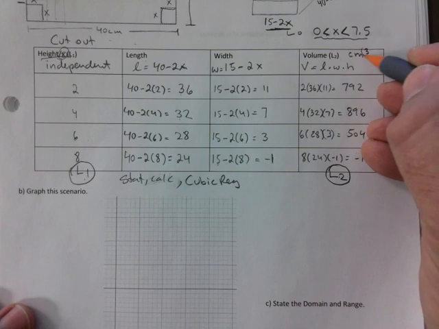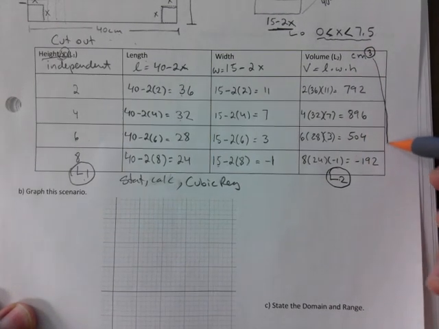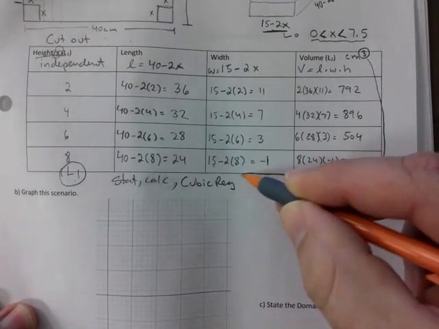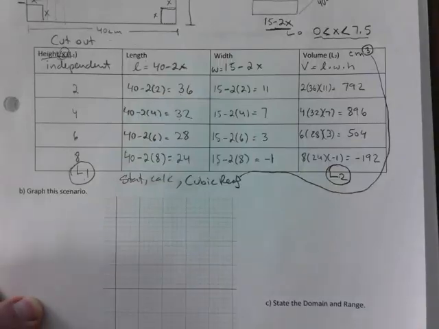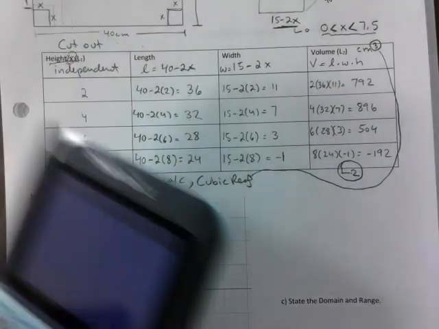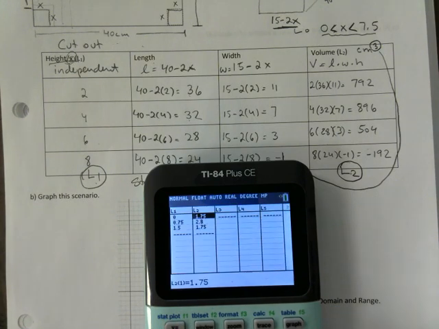Centimeters cubed, correct? So that tells us, even if I didn't tell you, it has to be a cubic regression. Okay. So let's do that. You should follow this one because it's a cubic. You haven't done cubic regressions like this before.